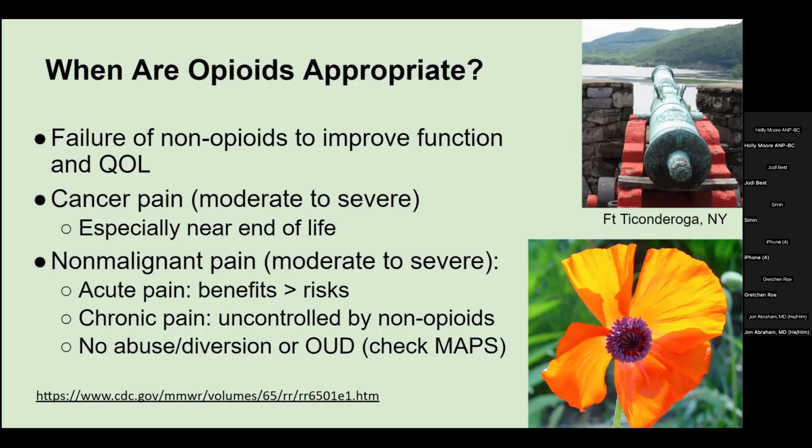If it's moderate to severe cancer pain, I think most people would agree that opioids are definitely appropriate, especially near end of life. And then if it is non-malignant pain, generally opioids are reserved for situations where the non-opioids have not worked, where the benefits are expected to outweigh the burdens.